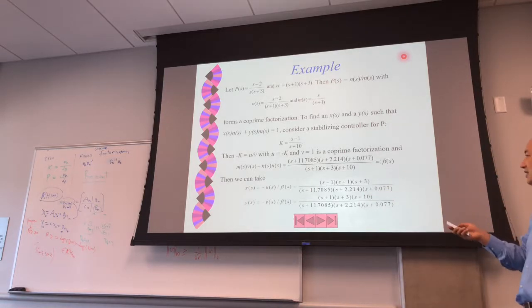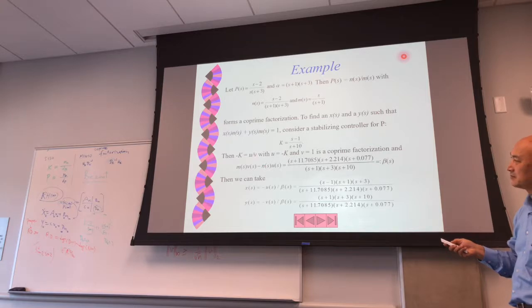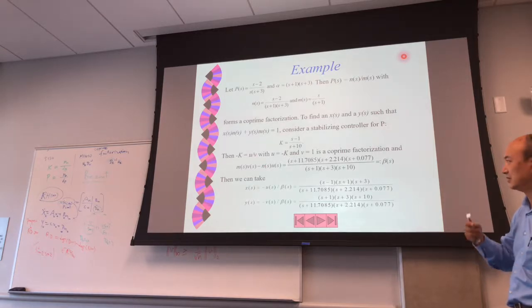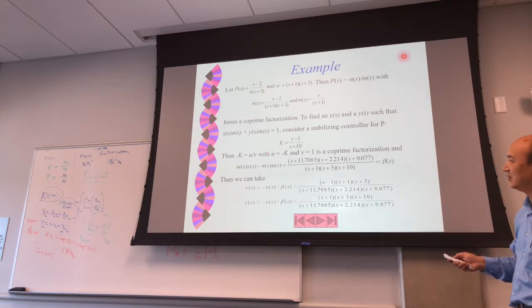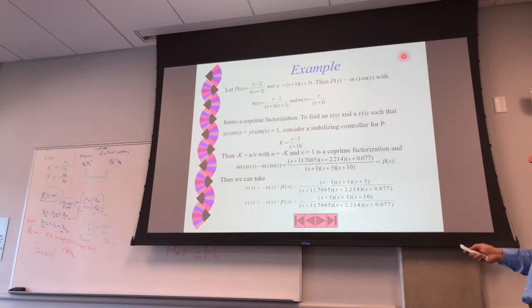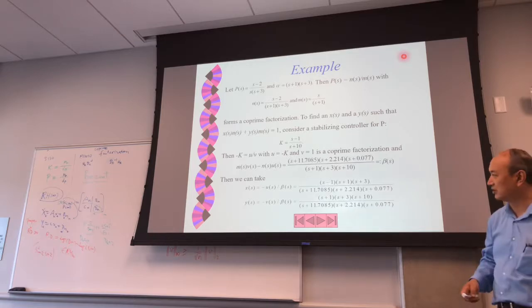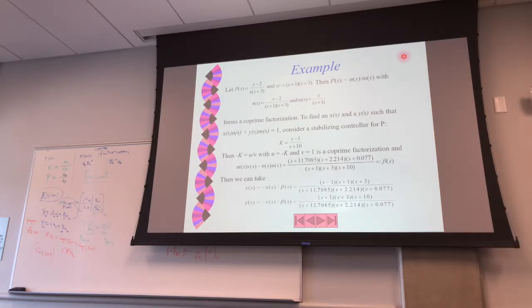There is no restriction on the orders. So I put this U, V here, and I check that MV and NU are something like this. So we choose X(s) and Y(s), the Bezout identity, like this, and everything looks good.